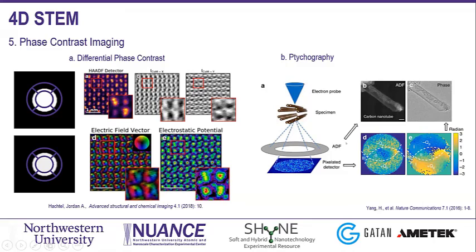So by capturing those diffraction patterns, you can also use the interference regions of your convergent beam disk to retrieve basically the phase information of your object here, your sample, right?